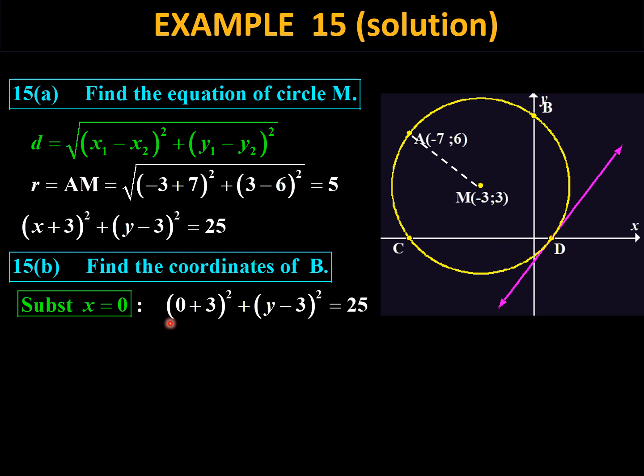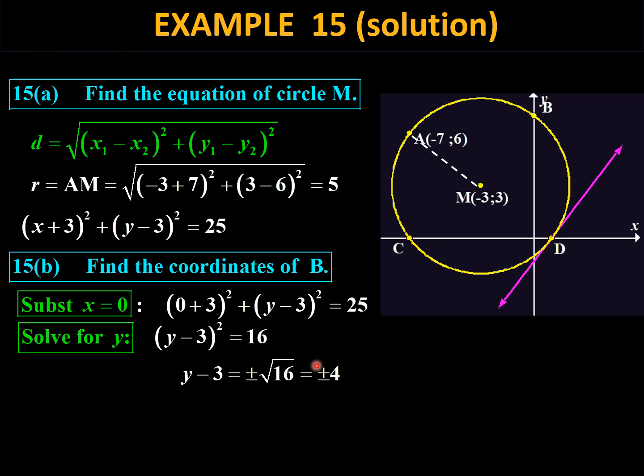So I substitute 0 into that equation. And now I can simplify. 3 squared is 9. Subtract 9 from 25, which gives me 16. To solve that, I can just find the square root. That's right. So it's plus or minus the square root of 16, which is plus or minus 4. Now there are two options there.